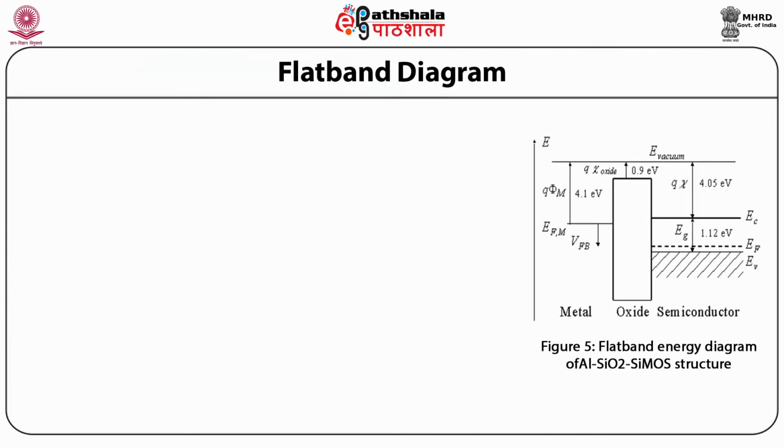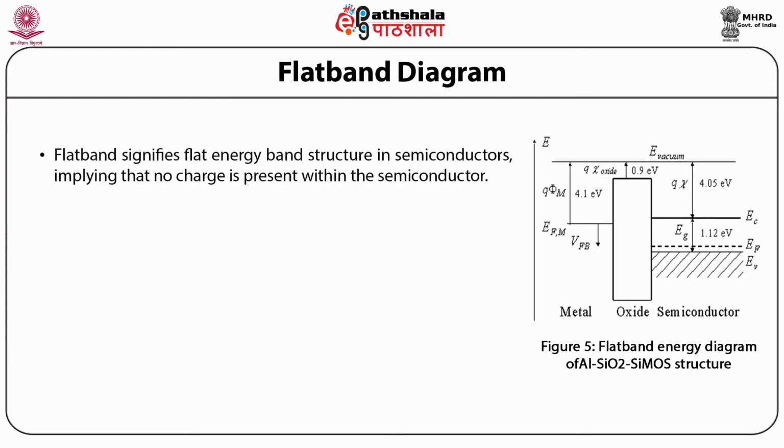Let us next discuss the flat band diagram. Flat band signifies flat energy band structure in semiconductors, implying that no charge is present within the semiconductor. The flat band for aluminum, silicon dioxide, silicon, that is Al-SiO2-Si MOS, is given in figure 5.